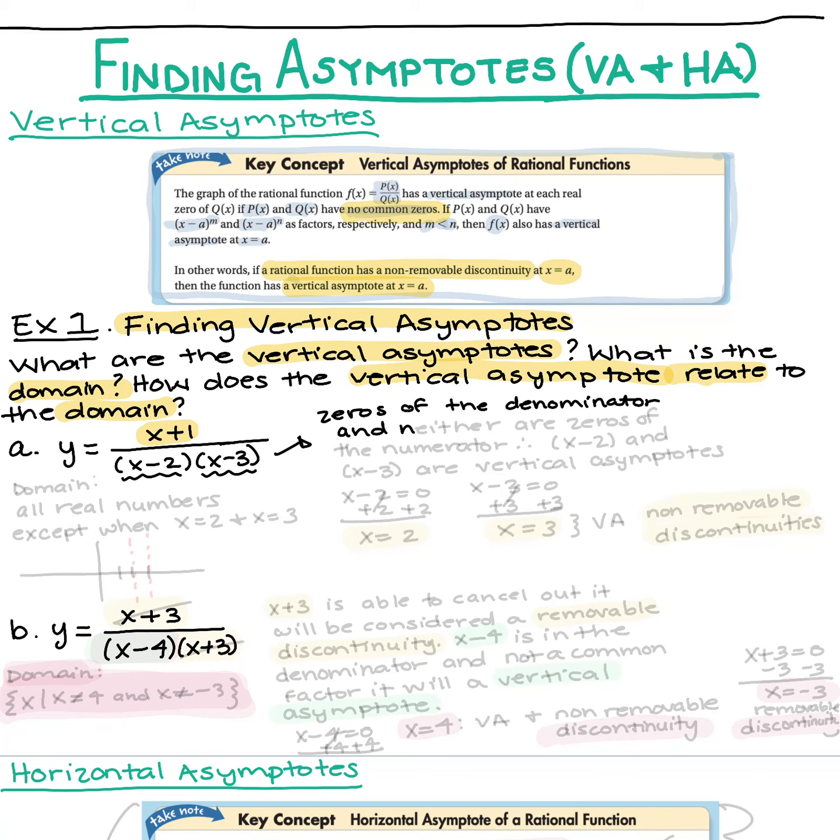And neither are zeros of the numerator. Okay, therefore, those 3 little dots mean therefore, x minus 2 and x minus 3 are vertical asymptotes.